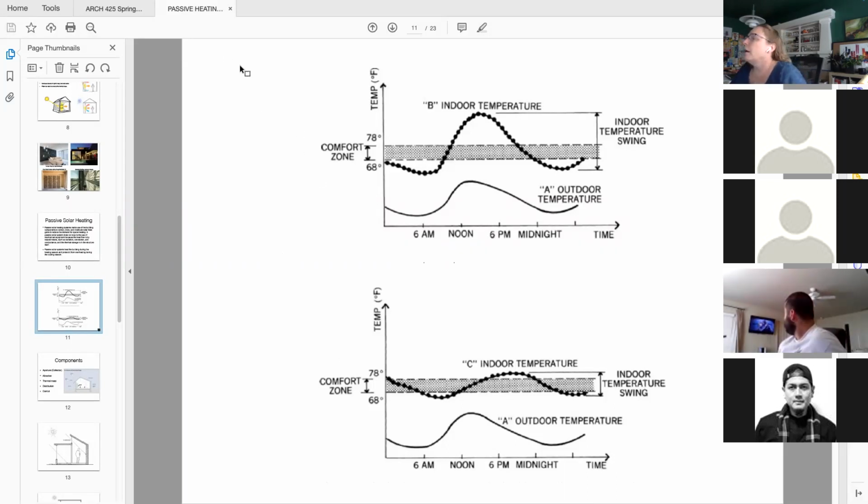So our target thermal comfort zone is 68 to 78. This might be a little bit more of a swing than a mechanical system would be allowed to operate.